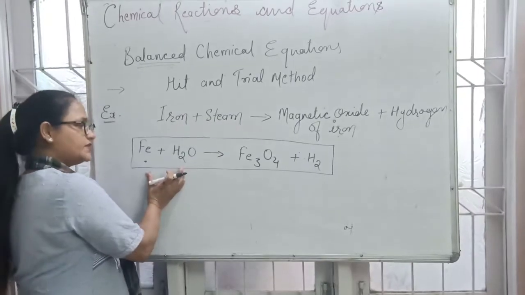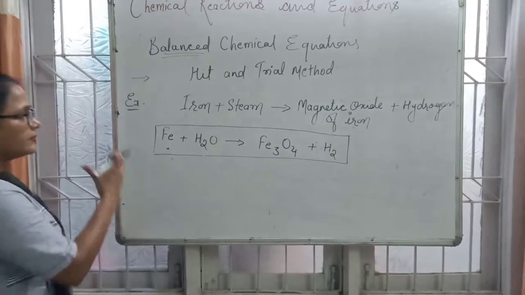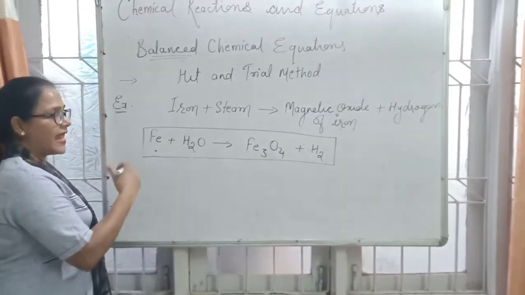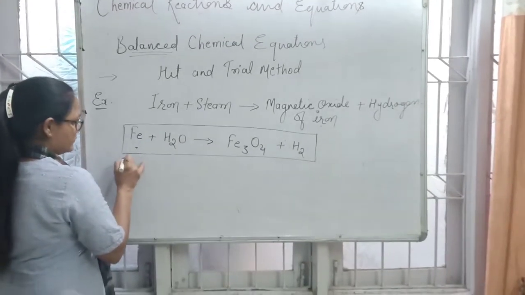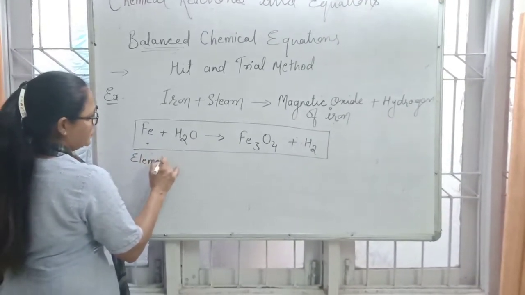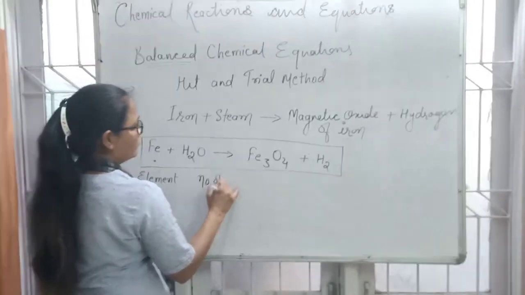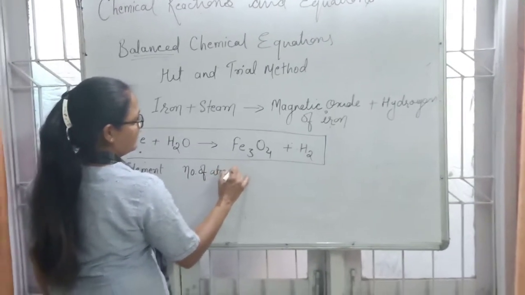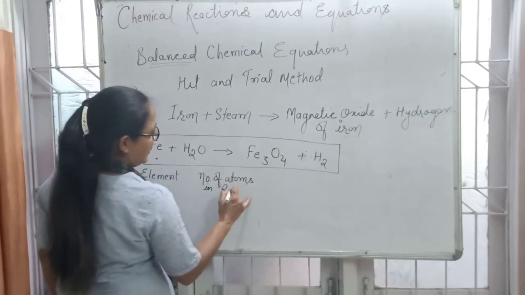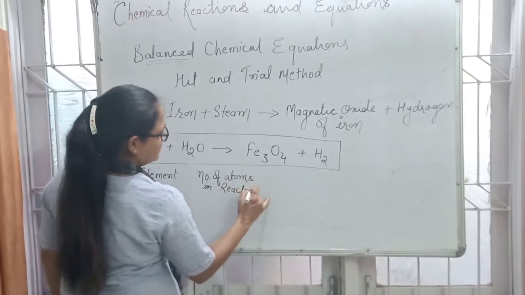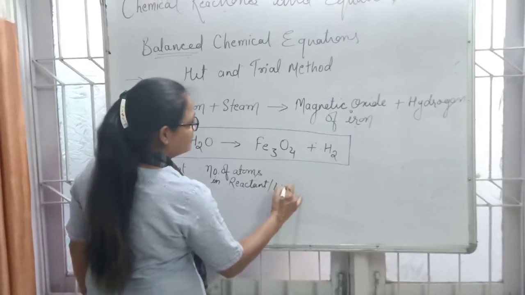The reactant side is the left hand side and the product side is the right hand side. First I will make a simple list of the different elements and their numbers. First of all, element, then number of atoms in reactant, or if you are having a problem with reactant, you can write left hand side.